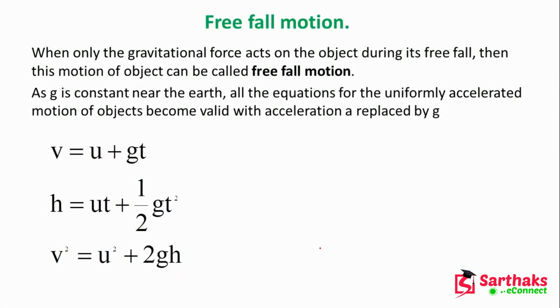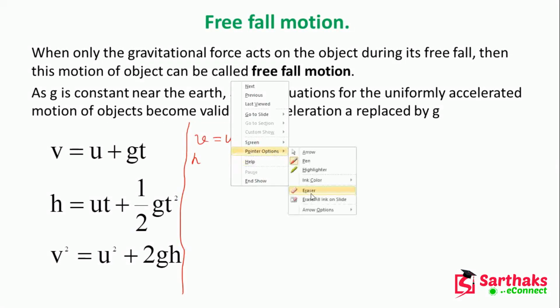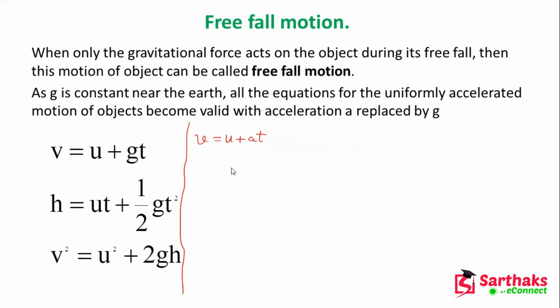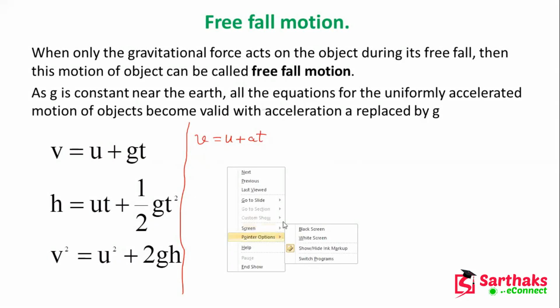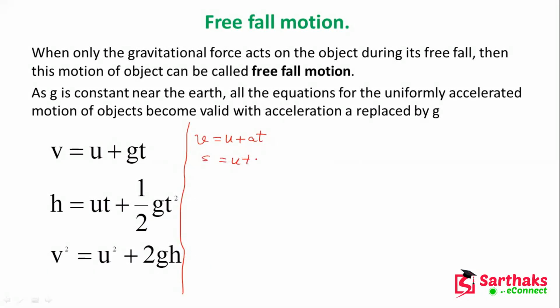Now, for free fall motion, we know the equations of motion: the final velocity, v equals u plus at, then s equals ut plus half at square, and also v square equals u square plus 2as, right?